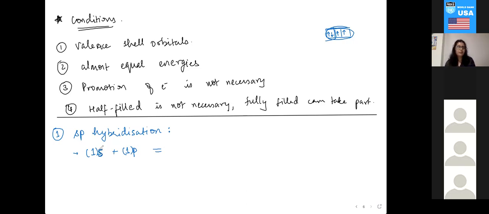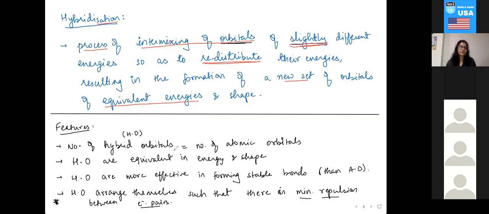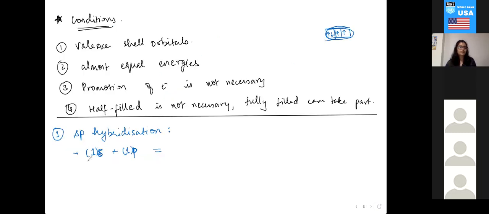If you combine them, you're going to get sp hybrid orbitals. Can you predict how many sp hybrid orbitals you will get out of this? Look at this point: the number of hybrid orbitals will be equal to the number of atomic orbitals. If I'm taking one s orbital and one p orbital, how many atomic orbitals have I taken in total? Two. One s and one p, right?